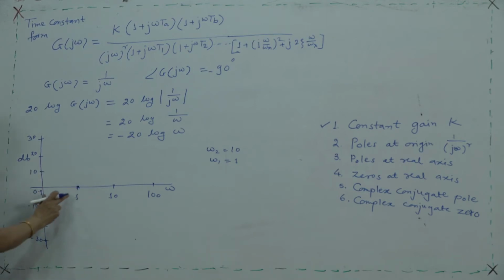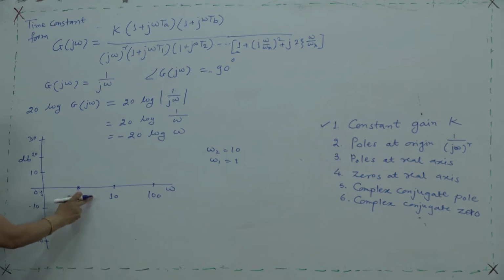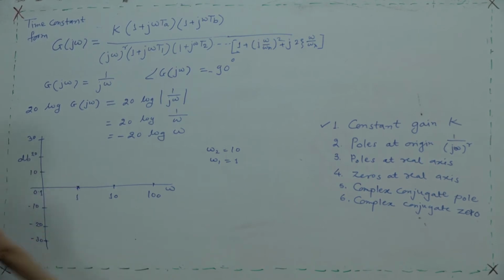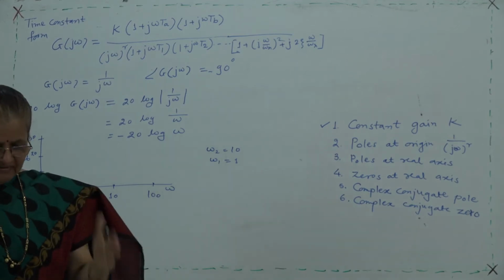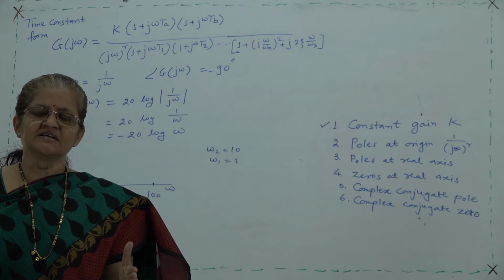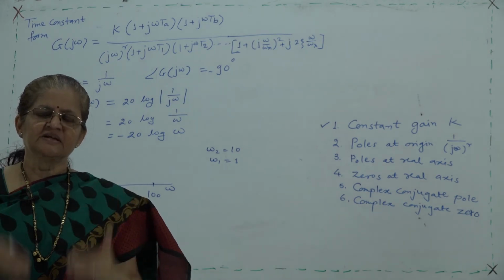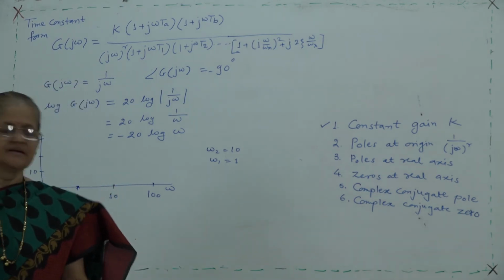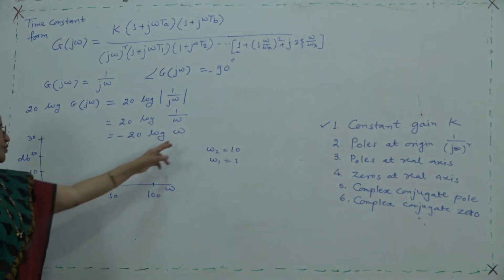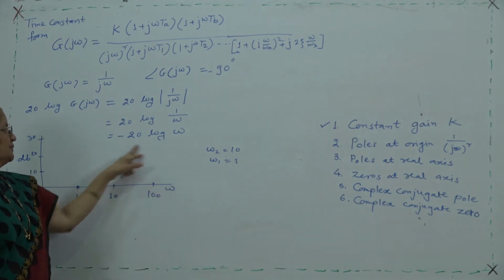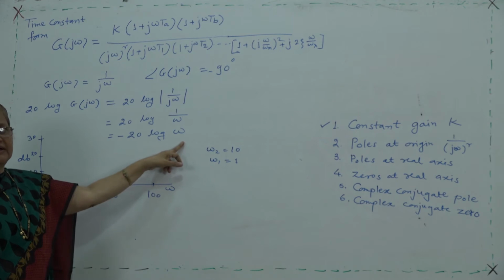So, consider the frequency as 1, the line required is with minus 20 dB per decade. In the last lecture we have seen how to draw the line with minus 20 dB per decade. What we have seen? Within 1 decade the change is minus 20 dB, and here when I am considering omega as 1, what should be the magnitude value? It is 0.